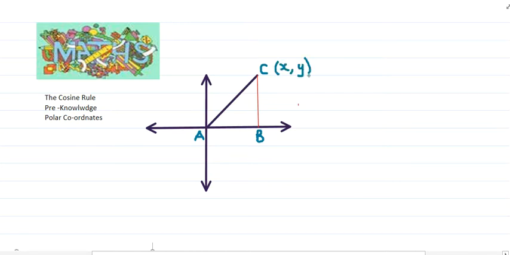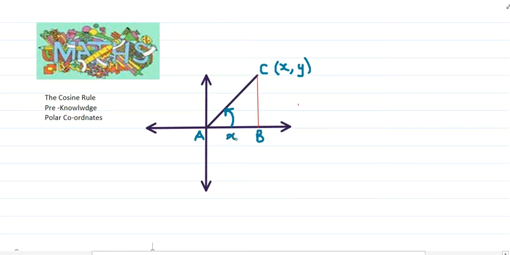which is correct. Now we can rename these coordinates in terms of a trig ratio by referencing it in terms of angle A, and how we go about doing it.